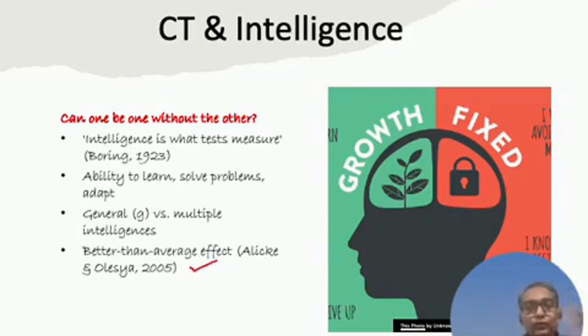And when there is no good way of assessing intelligence, using intelligence to decide whether you can be a critical thinker would be inappropriate, because the very idea of intelligence is very unclear, and the ways of measuring are unreliable.